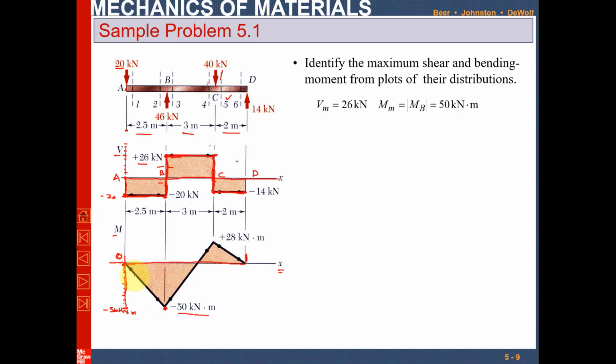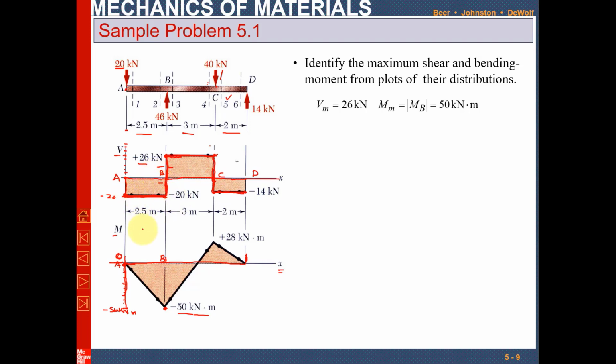How to join them? You can join them straight, or in this way, or in that way. So how will we know how to join these two points? Let me explain it. You will judge it using the shear force diagram. This is point A and this is point B. From point A to B, you can see the shear force is a constant value, a constant line with zero slope.